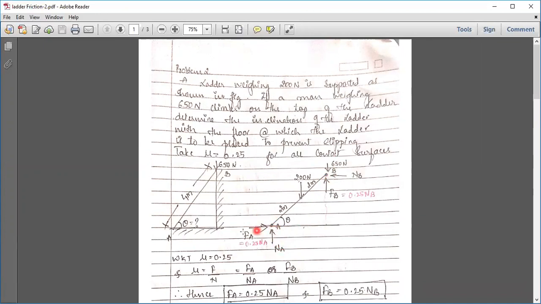Perpendicular distance is X. FA is in the anti-clockwise direction. Perpendicular distance is Y, its height. And 200 also is in the anti-clockwise direction. The perpendicular distance is going to be X minus X1.